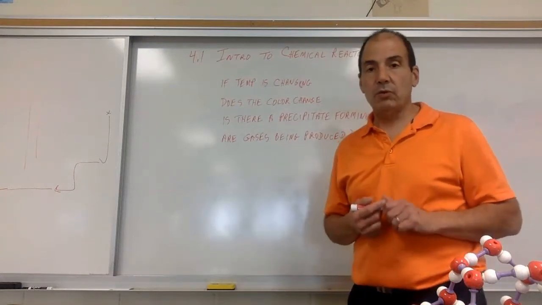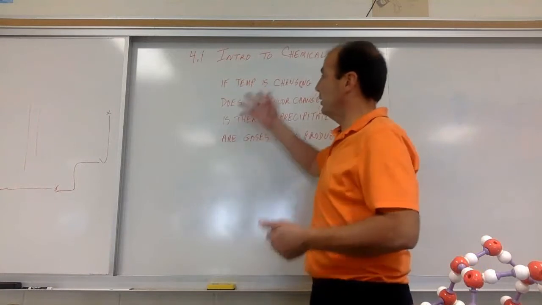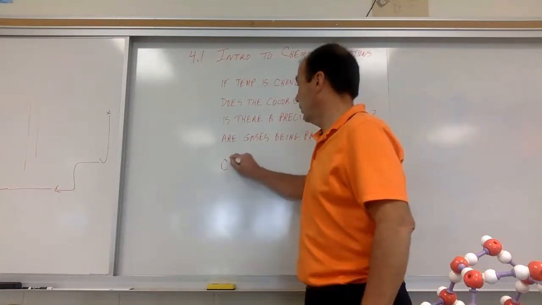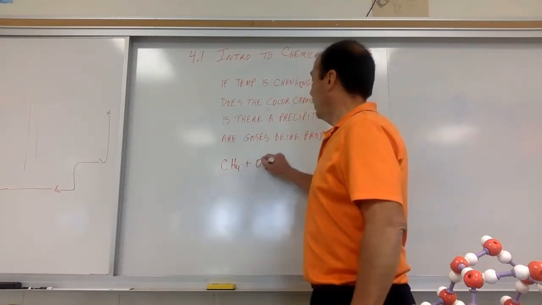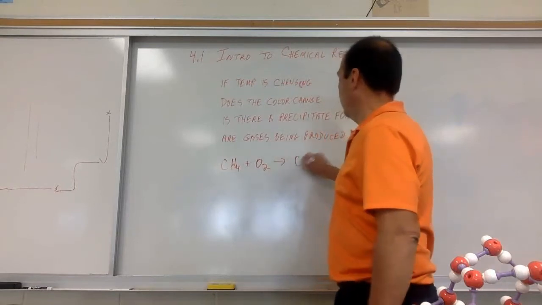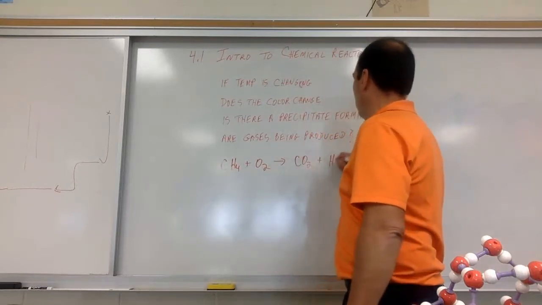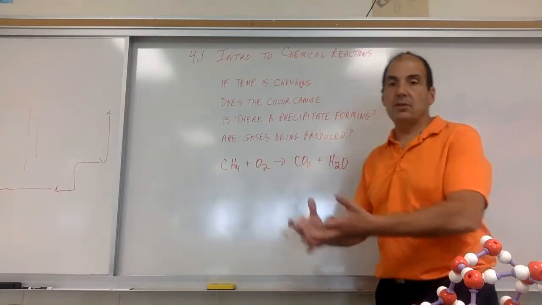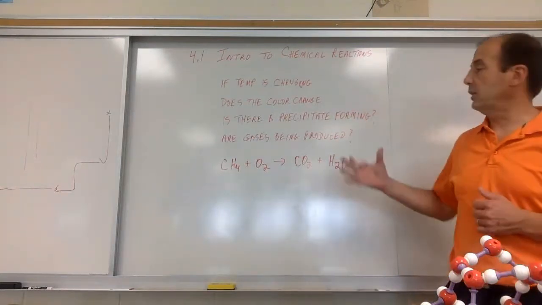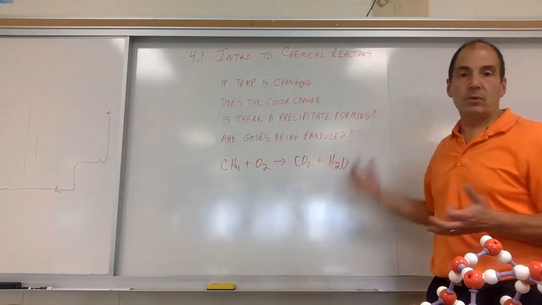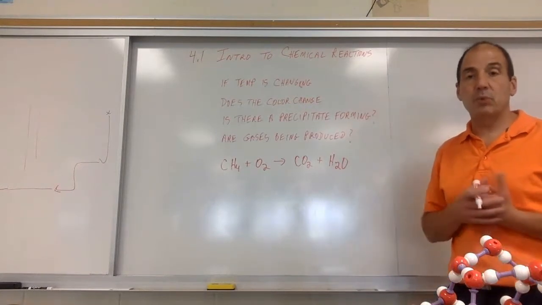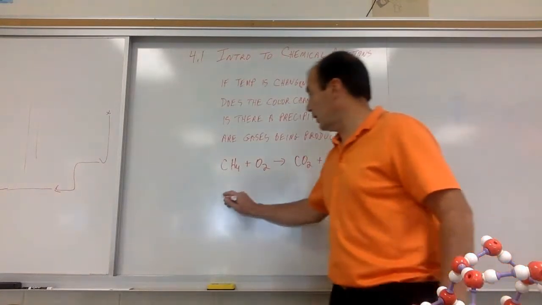If they show you structures, obviously when we talk about a chemical reaction, like, for example, methane plus oxygen making carbon dioxide and water, obviously we see that we're getting new substances, so there have to be bonds being broken and bonds being made. And we could even draw out the Lewis structures.